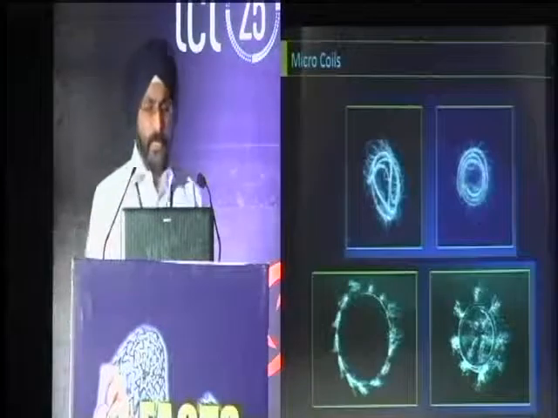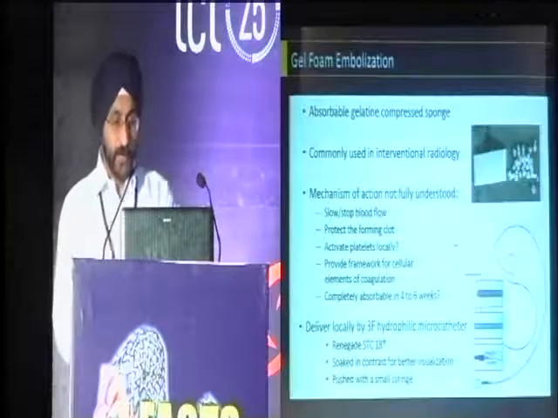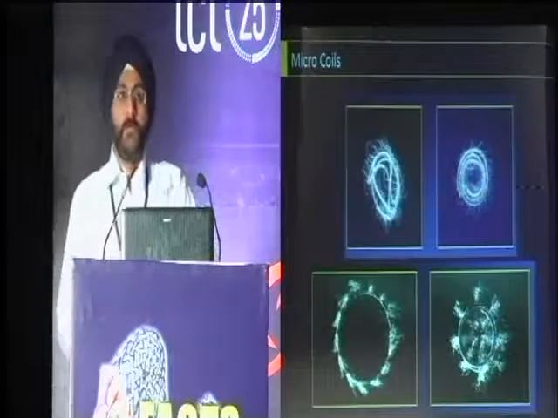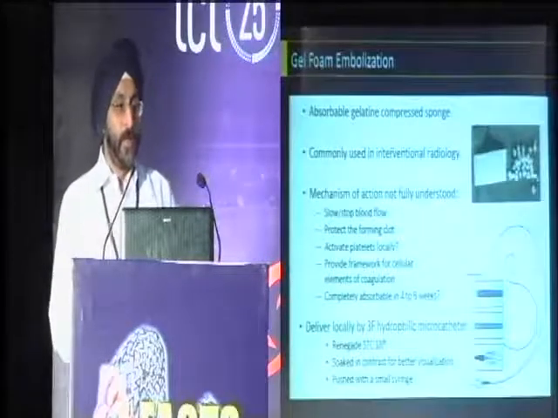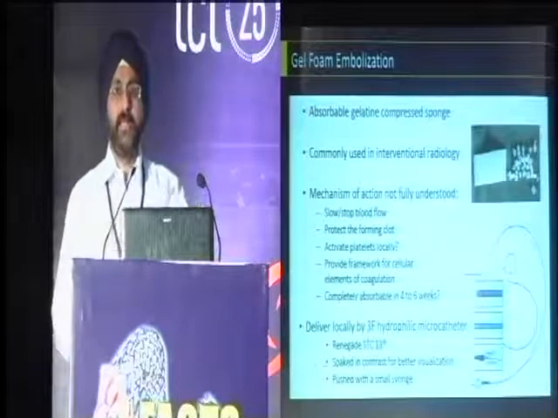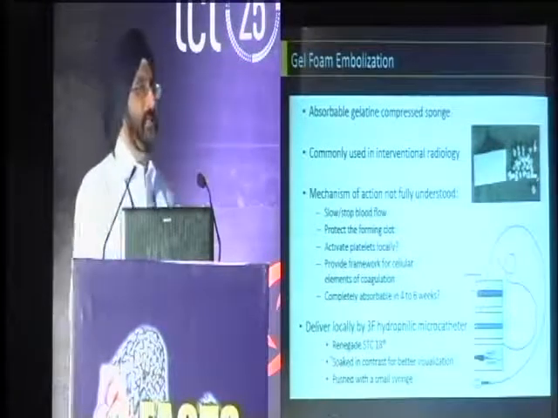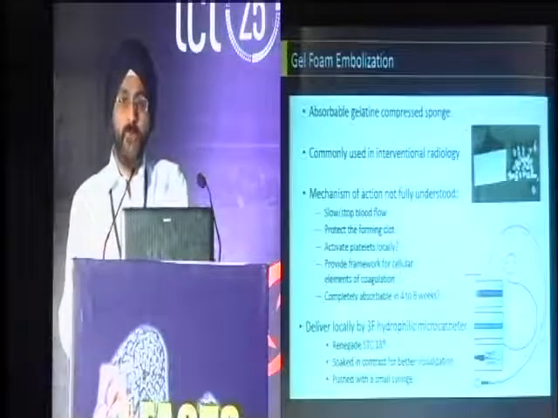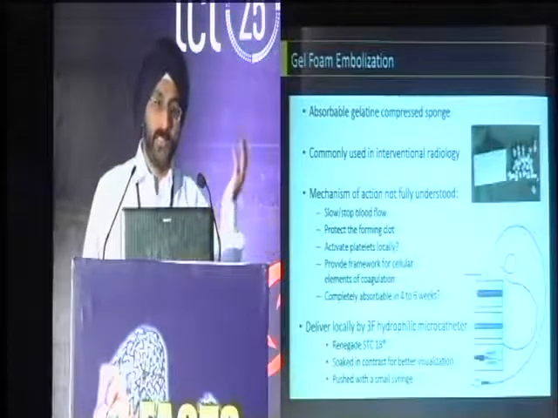The other modalities which you should always have in the lab are microcoils, which are made by 2 or 3 companies, preferably, if possible, 014 compatible. If not, then definitely 0.10 up to 0.18 compatible. In the first case which I showed, we had a gel foam embolization. It's a very handy thing because, one, it's easily available, and secondly, it's absorbable, with the hope that some area of the myocardium would have been salvaged, because there were some collaterals given from the left anterior descending to the right coronary in the first case.